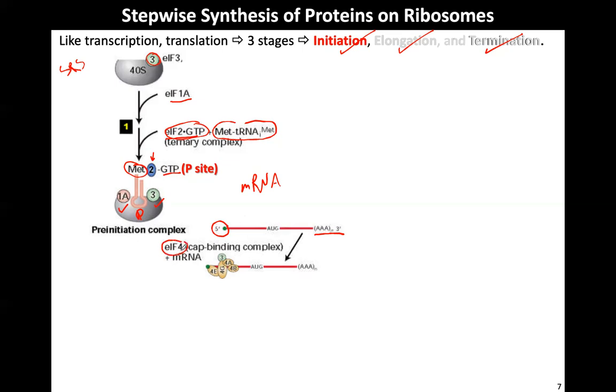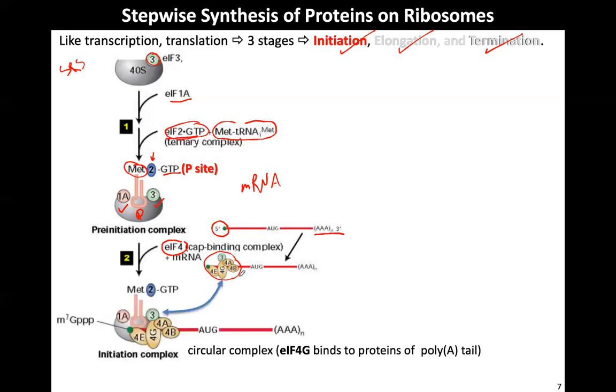You can see initiation factor 4 is composed of multiple subunits: 4G, 4E, 4B, 4A. All these cap complex factors have an important role in recruiting the messenger RNA into the pre-initiation complex.